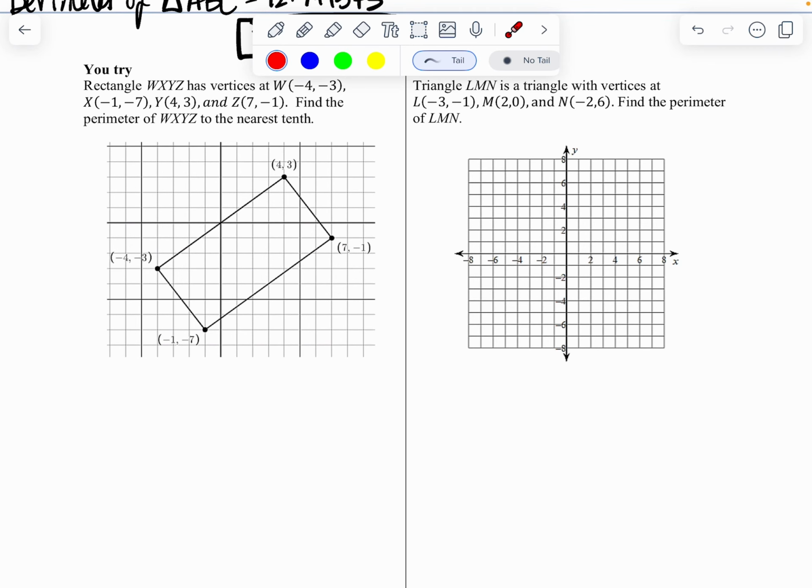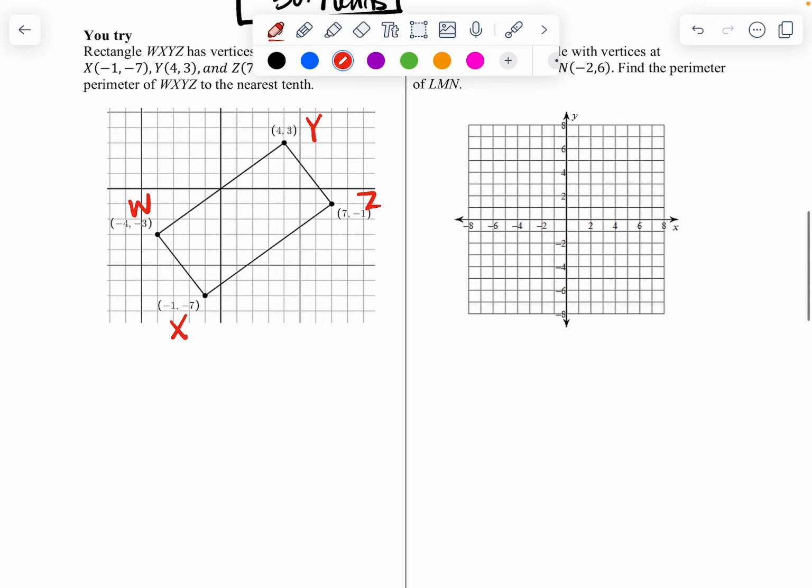Again, this time the rectangle or the parallelogram is drawn for you. And we're going to label our sides. So W is -4, -3. X is -1, -7. Y is 4, 3, and Z is 7, -1.